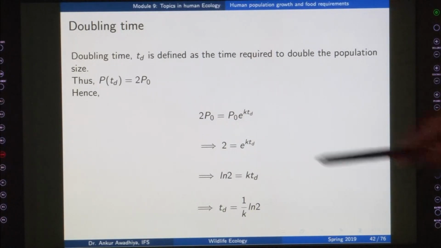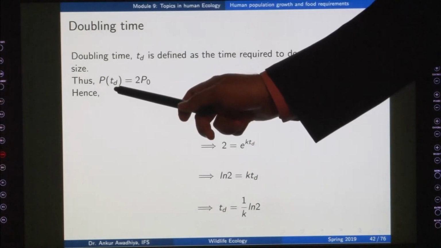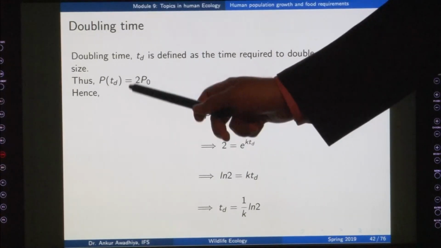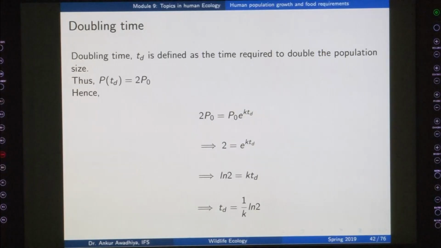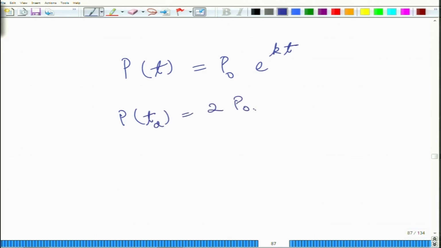So here we can say that the population at time TD is twice the original population, or the population at time point 0. We had said that the population at any time t is equal to P naught into e to the power of kt, and we are saying that the population at time TD is equal to twice the original population.